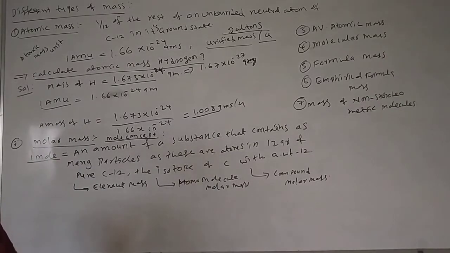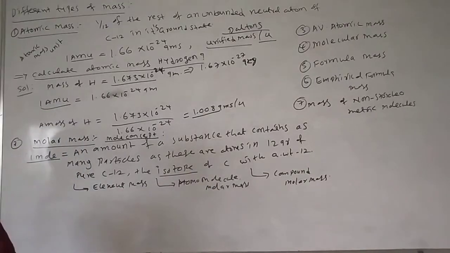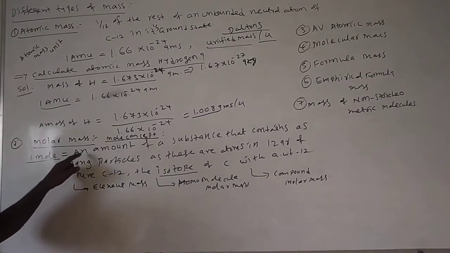What is the meaning of isotope? The atoms or species which have the same atomic number but different atomic mass we call isotopes.